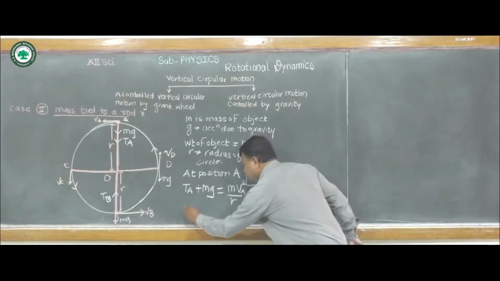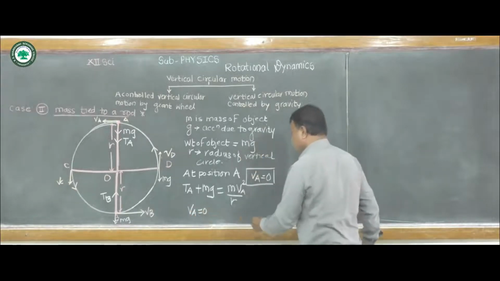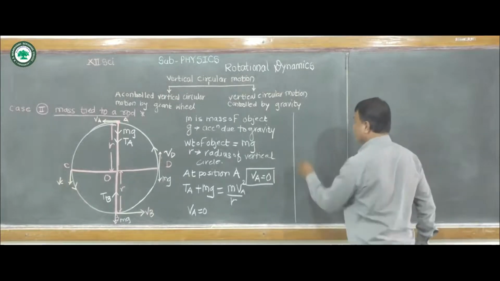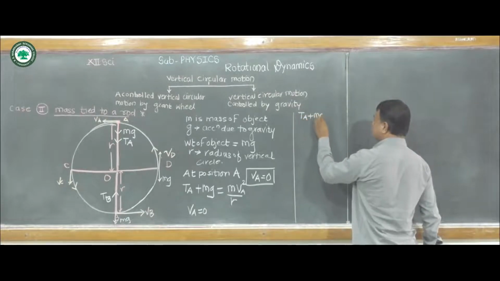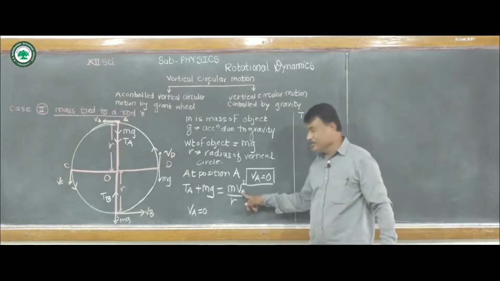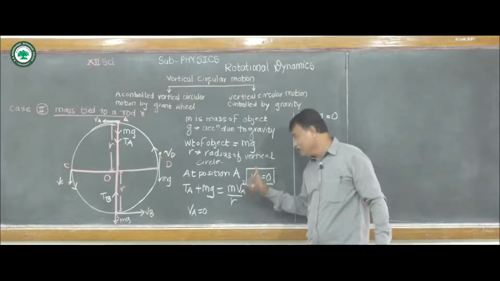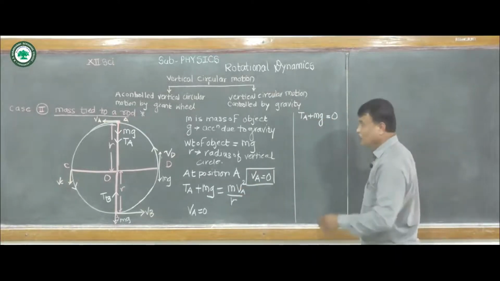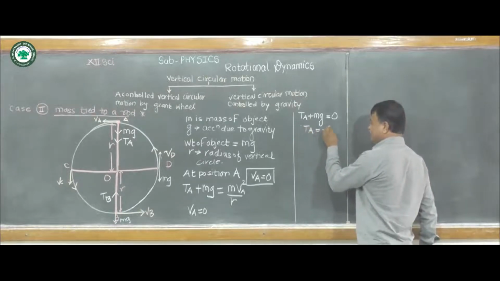Then we get TA plus mg is equal to 0, because in that case VA is 0, so VA square is 0, and 0 into anything becomes 0. That's why this tension at point A is equal to minus mg.